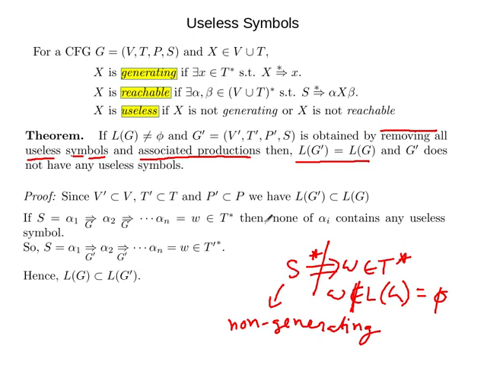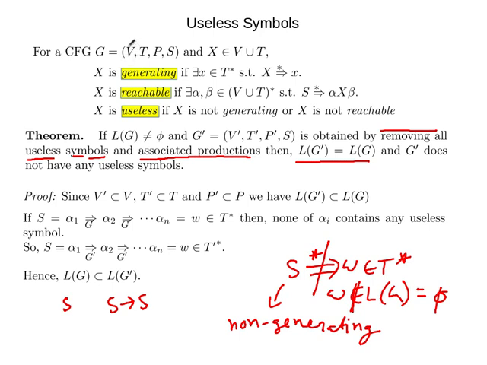So that means if you are removing all the useless symbols, you will have to remove S. But then without S, you cannot have this grammar. I mean, your grammar has to have some S, right? So if your grammar is say just this, say your grammar has only S as a non-terminal, and the only production is just S goes to S. So this is a valid grammar, but now if you try to remove all the useless symbols, what is your set of terminals?